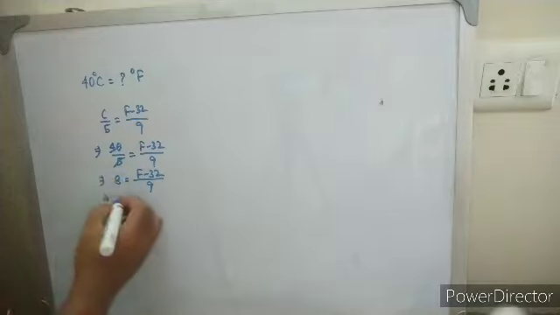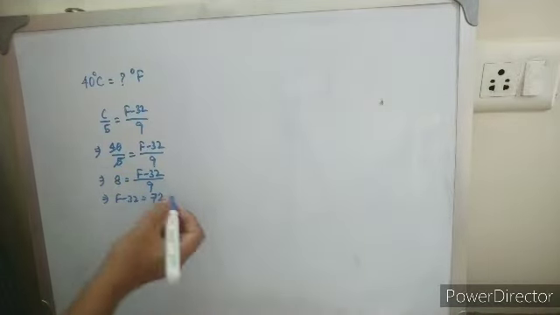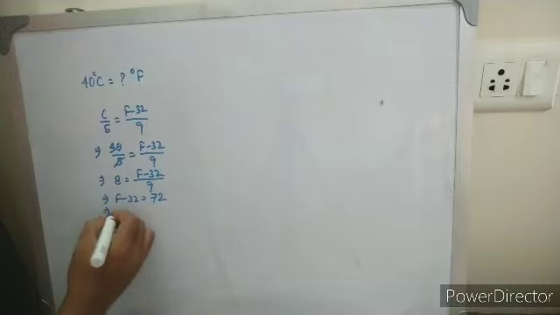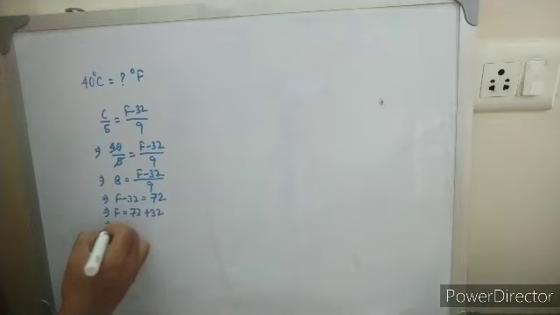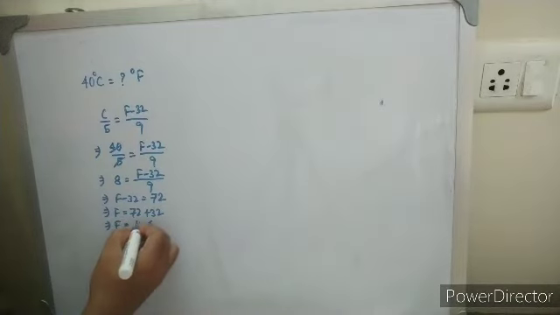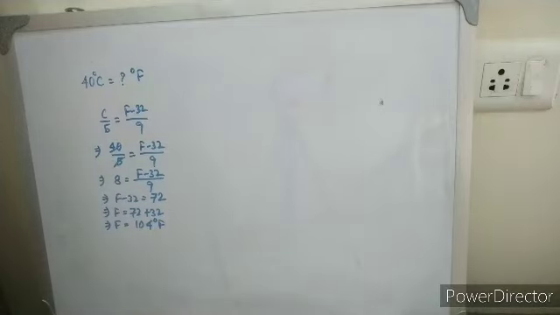Again by cross multiplication, F minus 32 equals 72, 8 into 9 equals 72, and F equals 72 plus 32, so F equals 104 degree Fahrenheit.